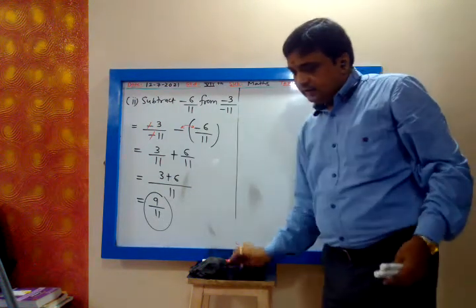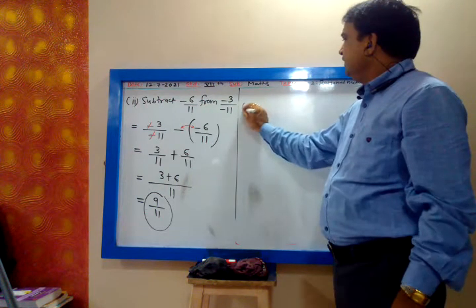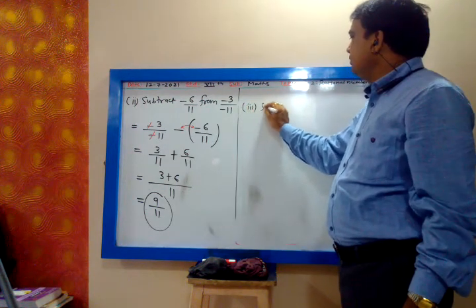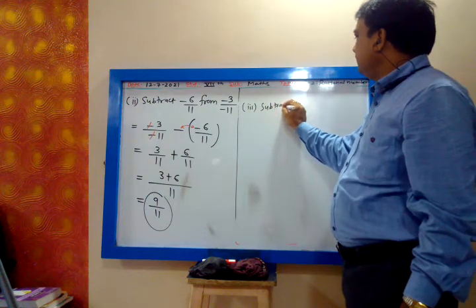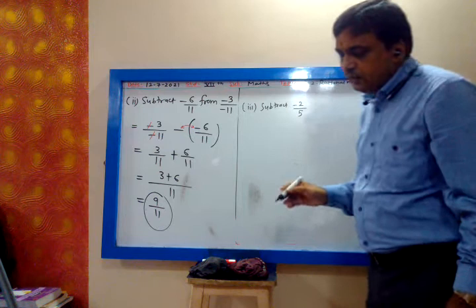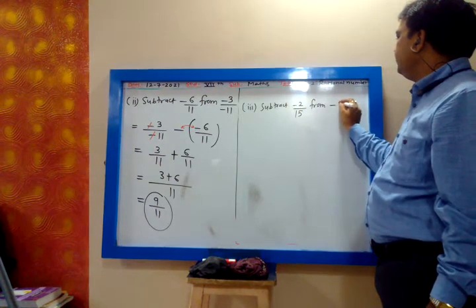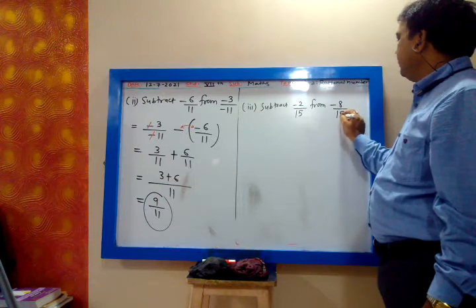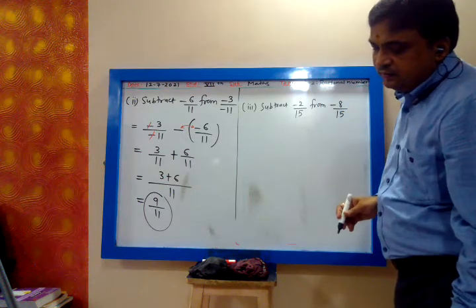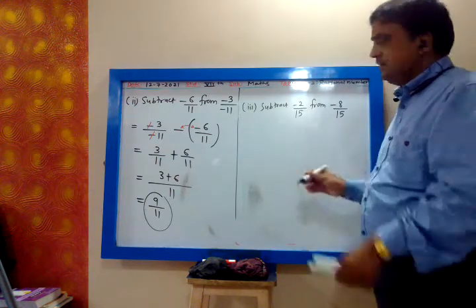Now next is subtract minus 2 by 15 from minus 8 by 15. How will we solve this?